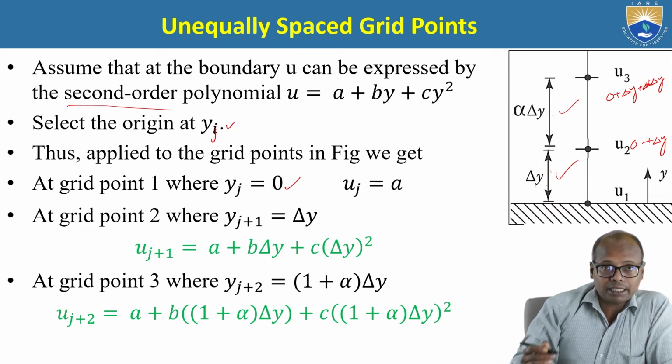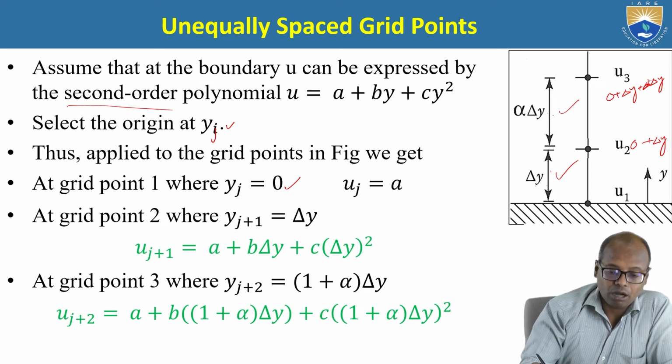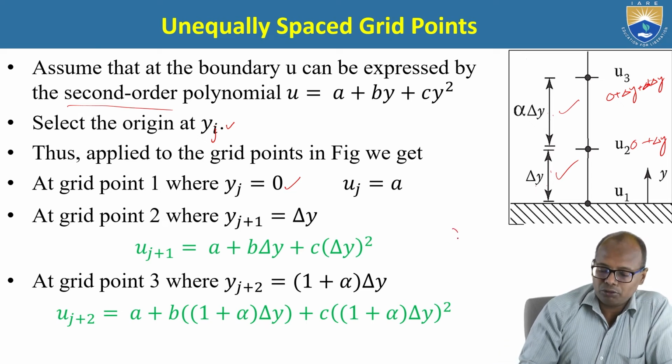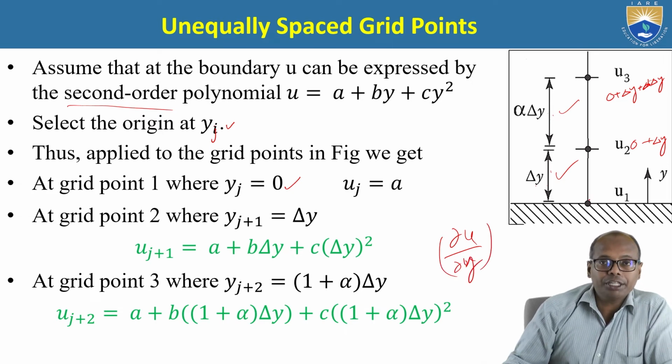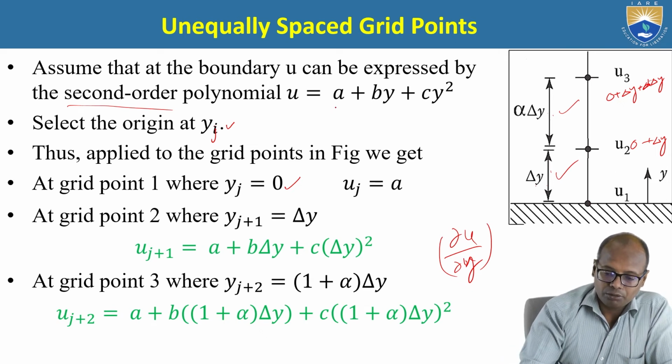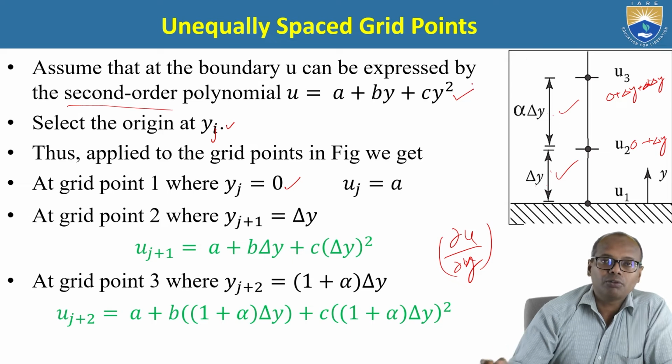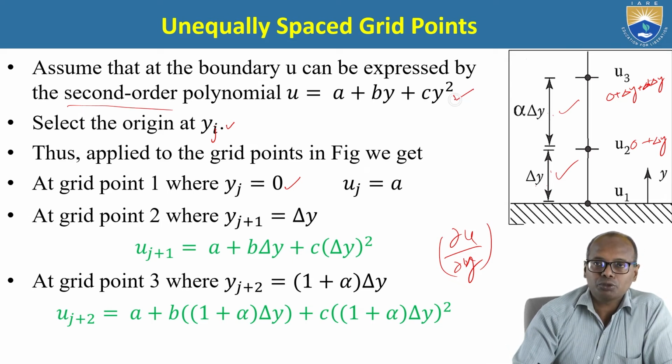Now, how do we find the value of ∂u/∂y in this case at point 1? We have to substitute the values of y in this equation. At point 1, y is equal to 0, or yj is equal to 0.